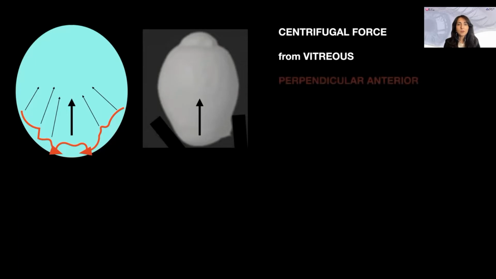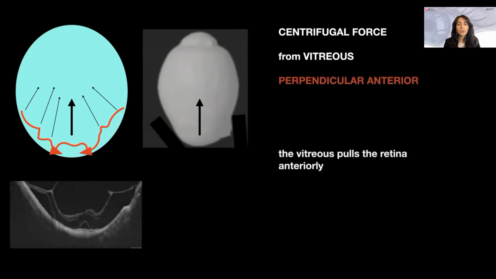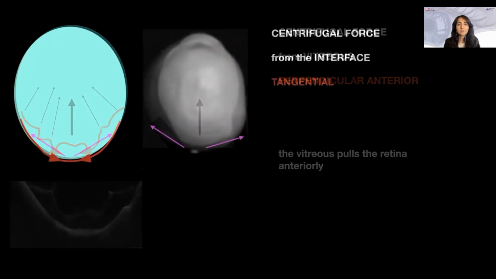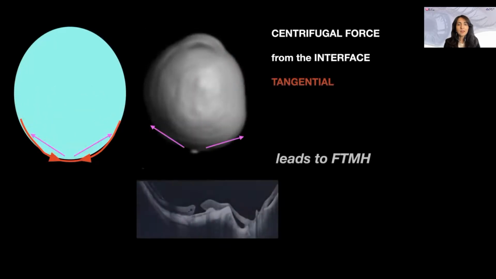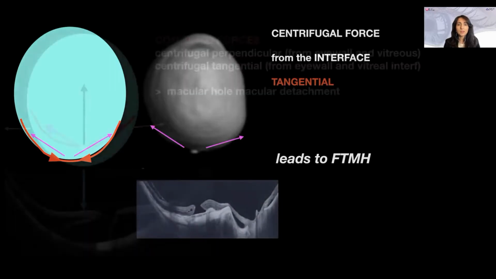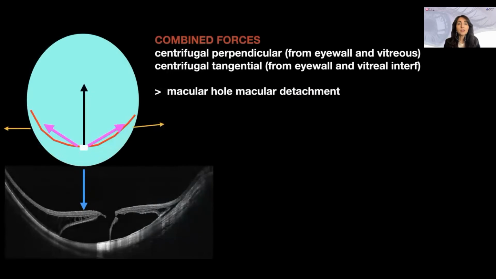Centrifugal forces from the vitreous pull the retina anteriorly, and centrifugal forces at the interface and tangential to the retina lead to the formation of holes. The forces can also be combined, so you can have centrifugal perpendicular forces from the eye wall and the vitreous, centrifugal tangential forces from the eye wall and the vitreous, and you will end up in a macular detachment combined with the macular hole.